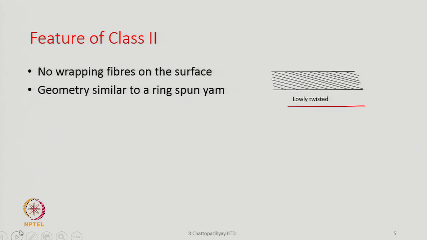So, no wrapping on them, they are slightly twisted. This part of the yarn will be very similar to ring spun yarn. There are certain zones where we will see this kind of structure of the yarn.